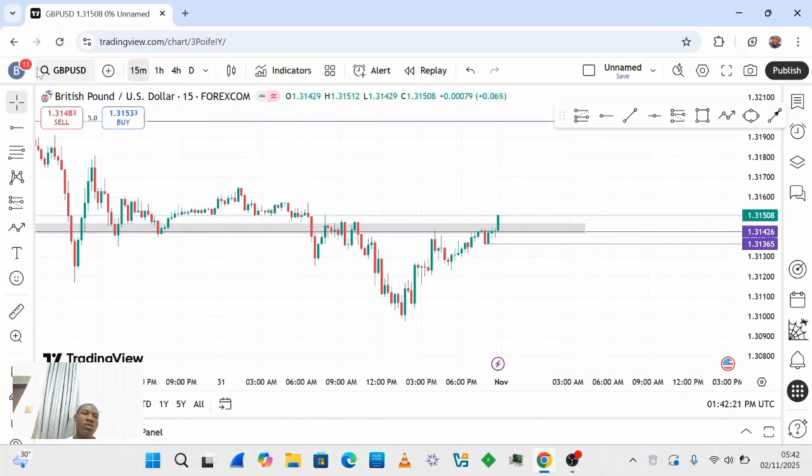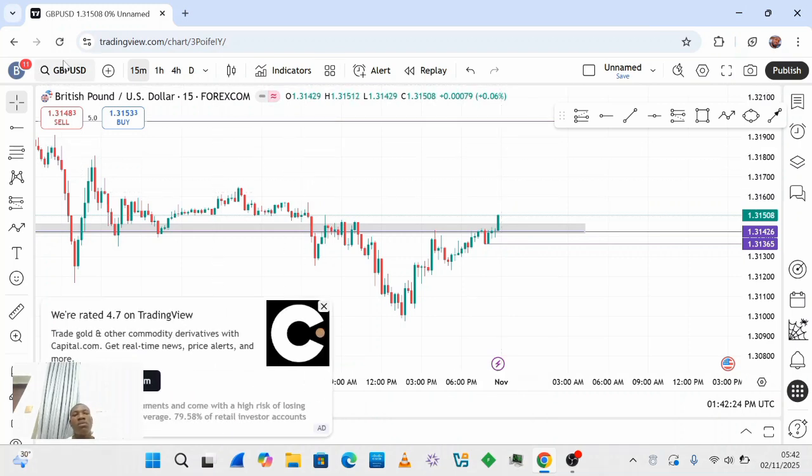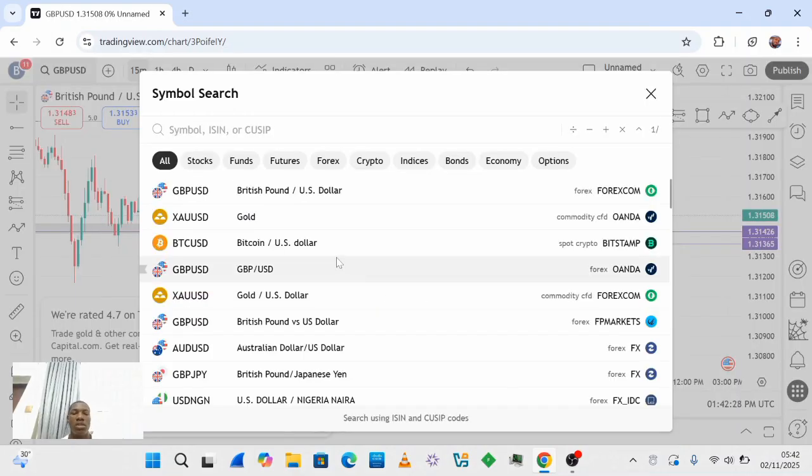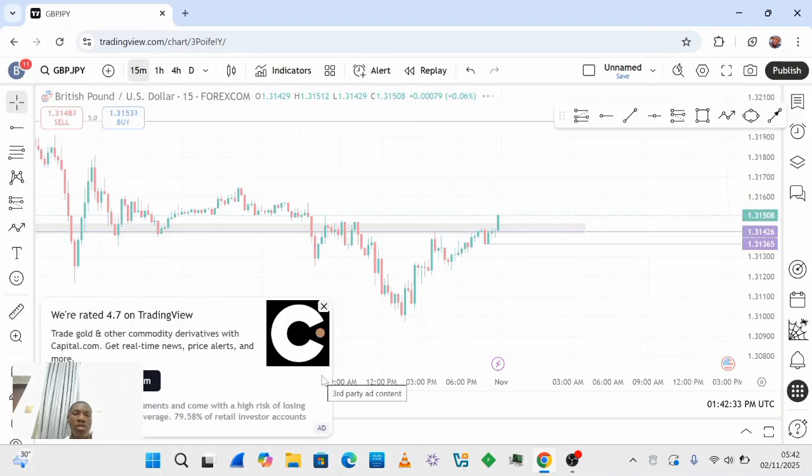But let me quickly go to GBP JPY to see what is also happening there. This is on GBP JPY.